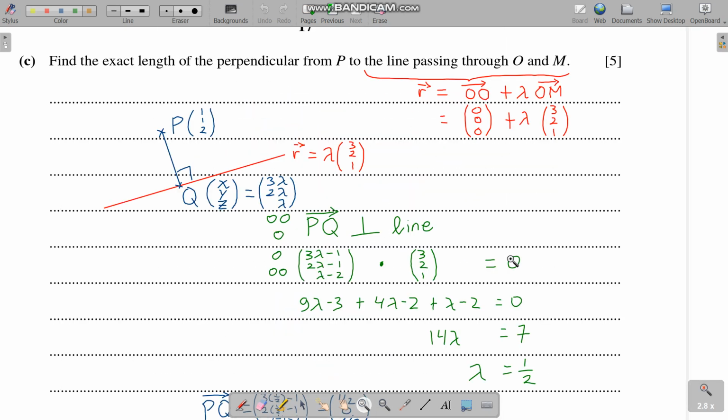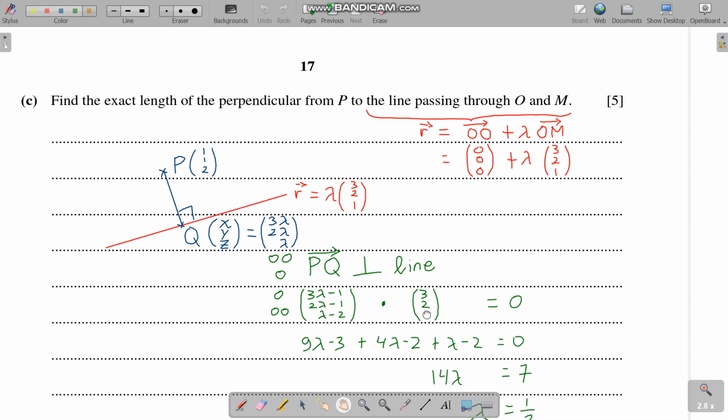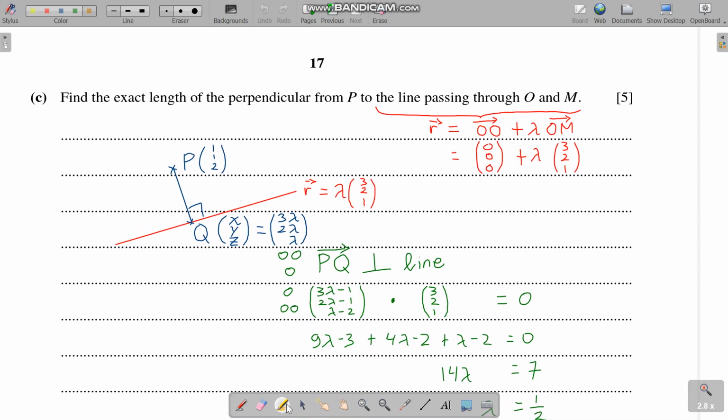Now the next part. Find the exact length of the perpendicular from P to the line passing through O and M. So first of all, we need to find the vector equation of the line through O and M. Through O and M means you can use O and OM.